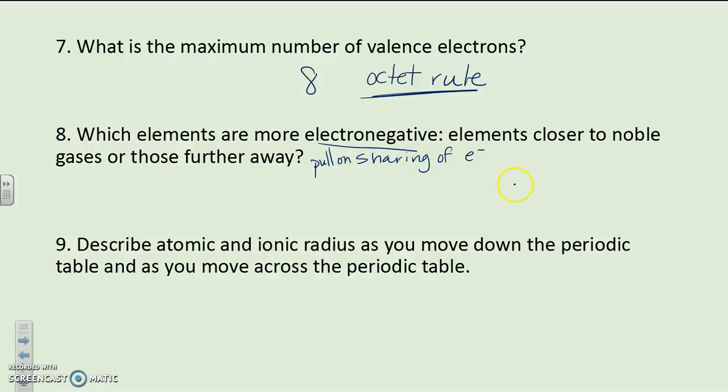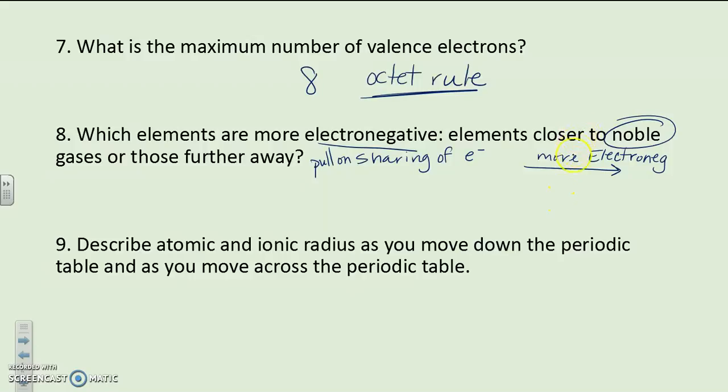As you go across the periodic table, electronegativity increases because you're increasing the nuclear charge, which increases the Coulombic attraction, which makes the size of the atom get smaller, and if it's holding those electrons in closer, it's harder to pull them away. So more electronegative as you get closer to the noble gases.